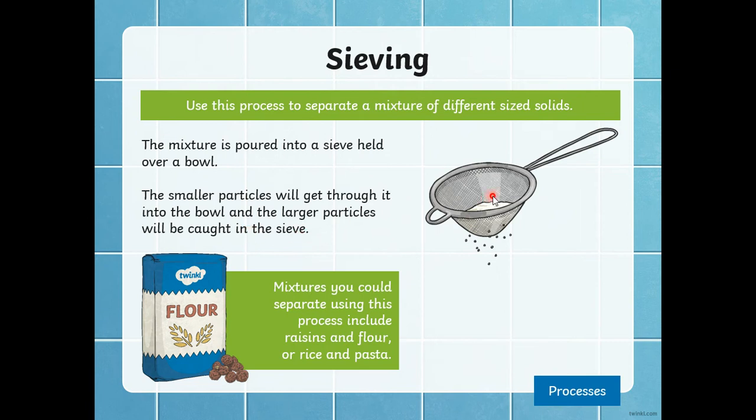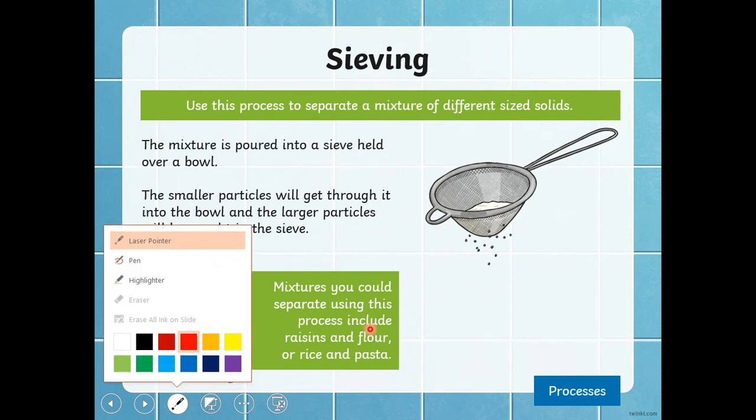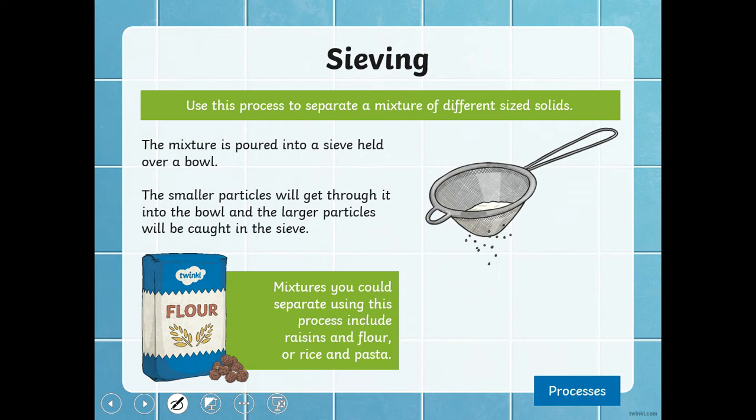All right, so let's say, for example, you have a mixture of raisins and flour. Raisins are usually purple. So let's say we have these raisins here, big and pronounced, and we have raisins and flour. If we pour the mixture of raisins and flour into the sieve, what's going to happen is the flour will go through directly, but the raisins will be caught.